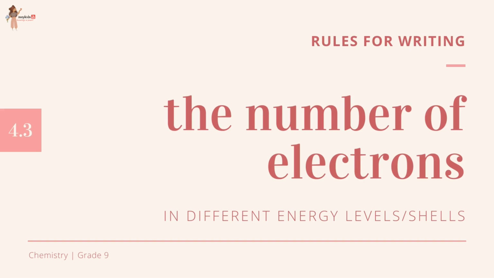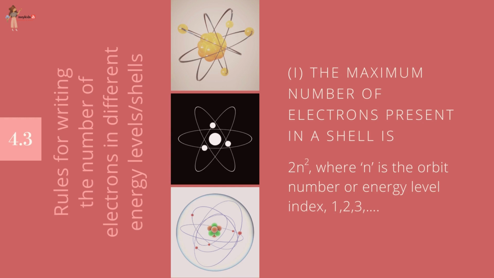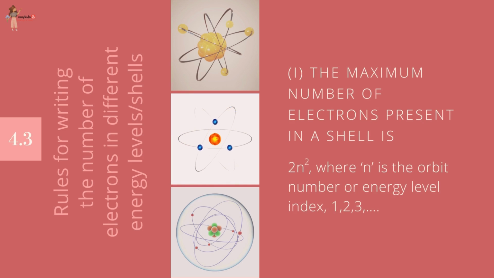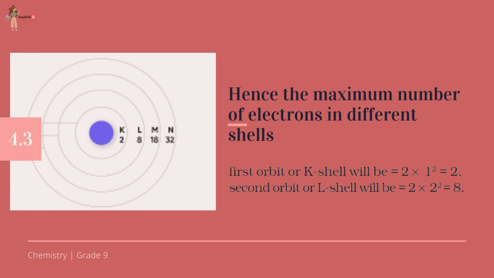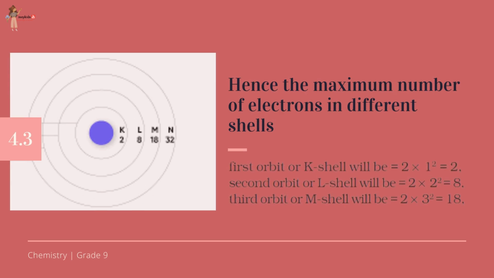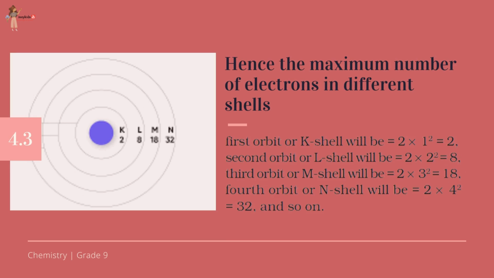Rules followed for writing the number of electrons in different energy levels or shells are: the maximum number of electrons present in a shell is given by the formula 2n², where n is the orbit number or energy level index 1, 2 or 3, etc. Hence, the maximum number of electrons in different shells are: first orbit or K shell will be 2, second orbit or L shell would be 8, third orbit or M shell would be 18, fourth would be 32, and so on.